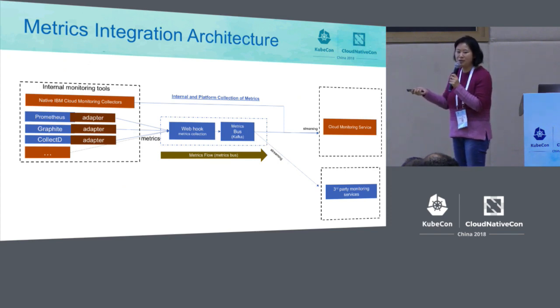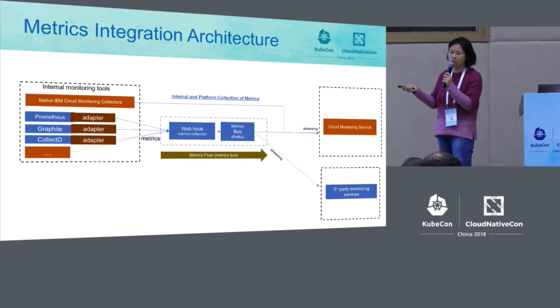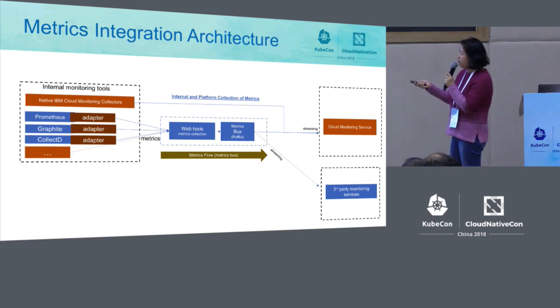Within our team, if you're using IBM Cloud, you know there are a lot of services. So we hope that each of them will have an adapter, and the metrics can be matched with each adapter, so we can collect the metrics and do the format transformation.